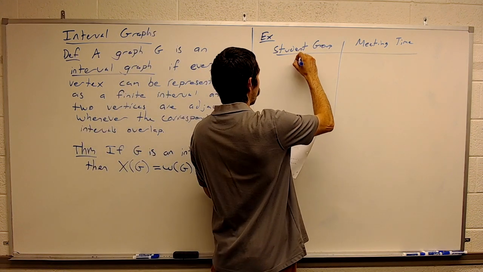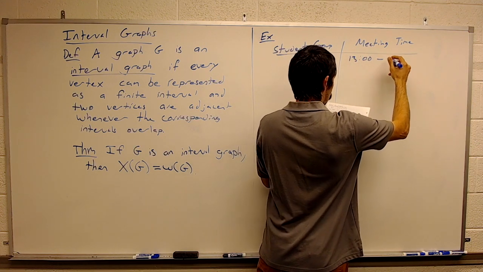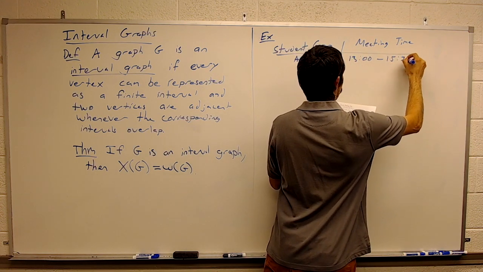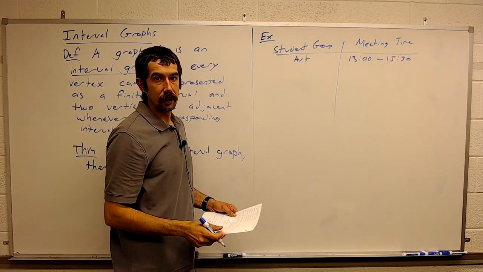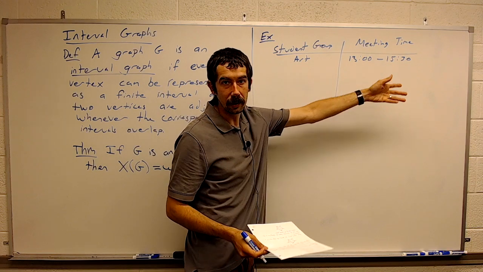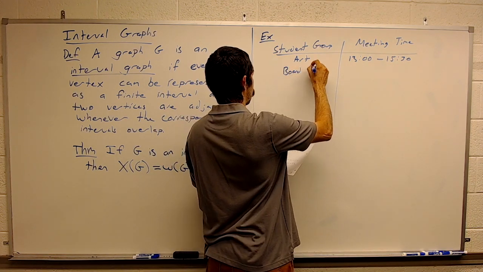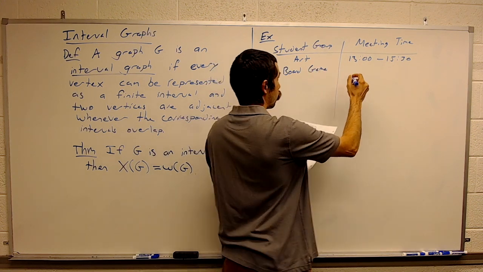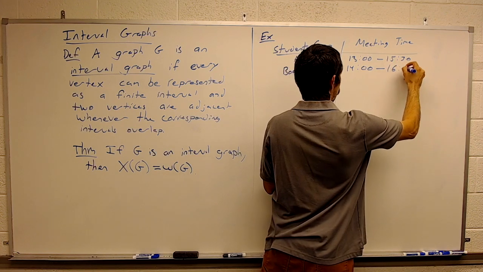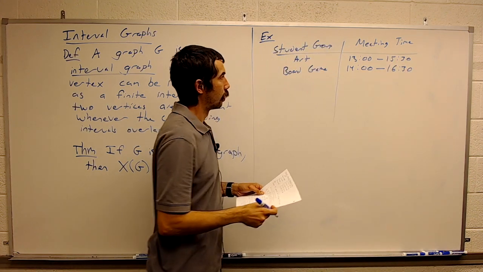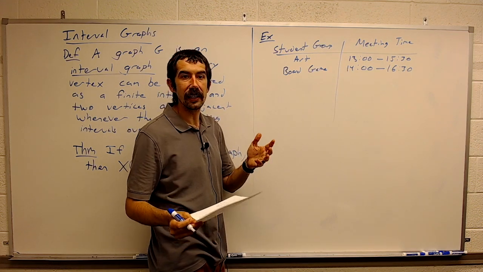Okay, so the art club wants to meet from 1300 to 1530. Okay, so that's 1 p.m. to 3:30 p.m. Board game club wants to meet from 2 p.m. to 4:30 p.m. Right, you can see there's already some overlap here. So these two clubs are going to need different rooms.